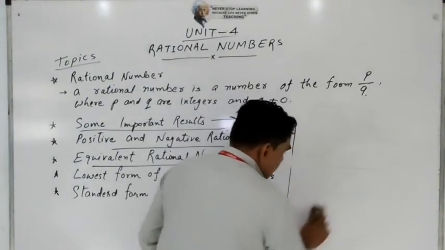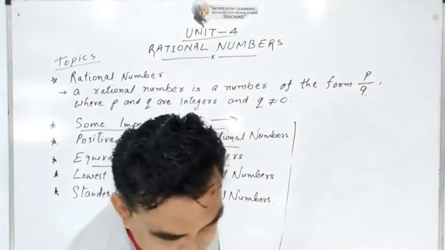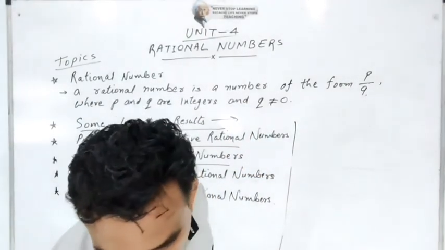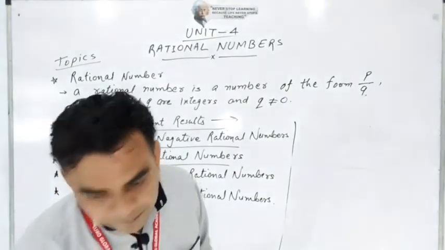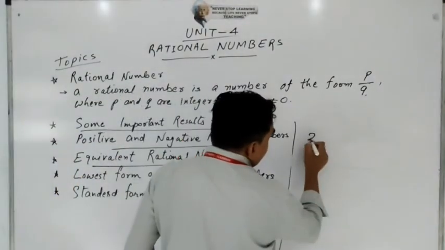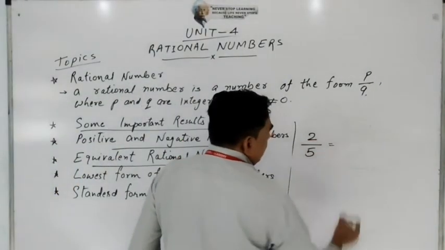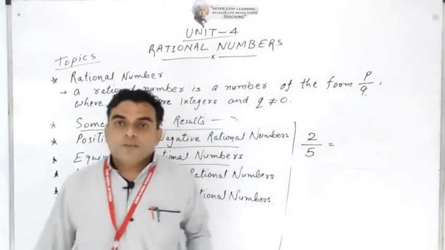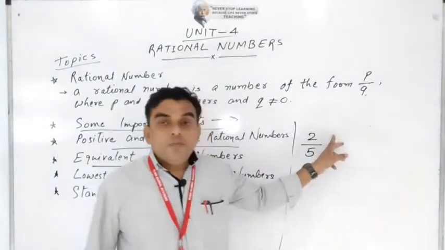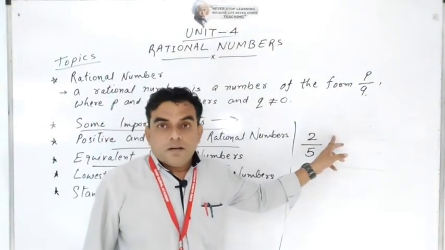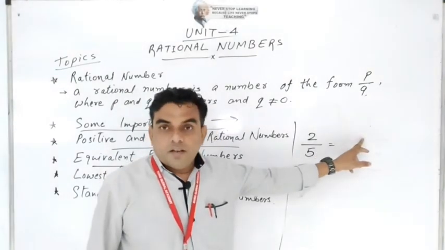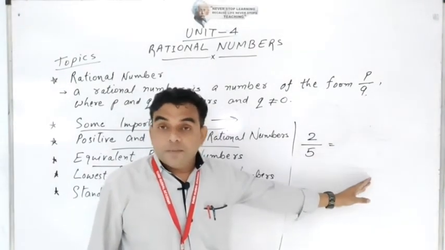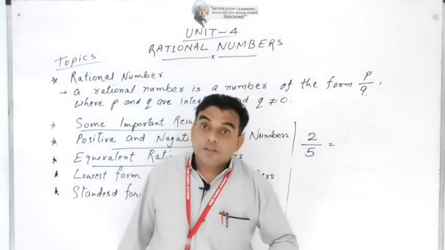Okay, students, I am going to write the example. Equivalent rational number. Suppose here you can see 2/5. I want to make an equivalent fraction of 2/5. That means if I multiply the numerator 2 by 3, then the same I have to multiply in the denominator also. You know the concept of fractions, students.